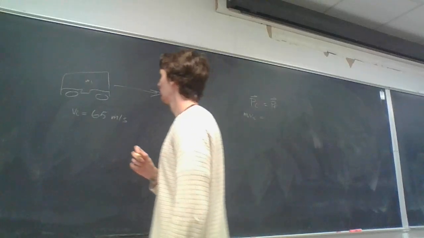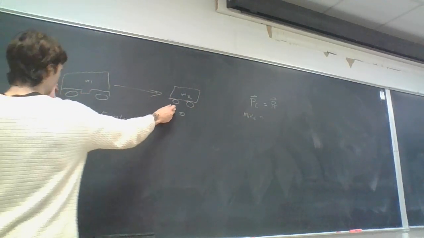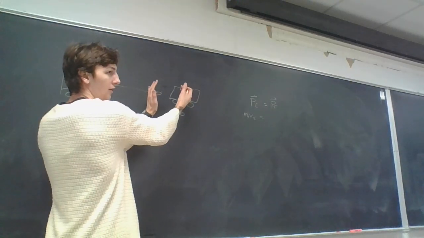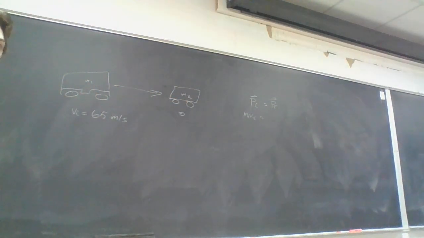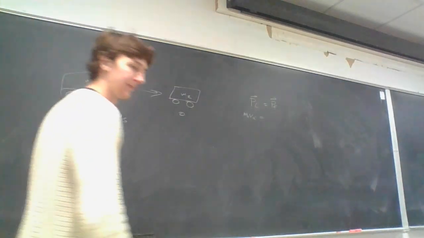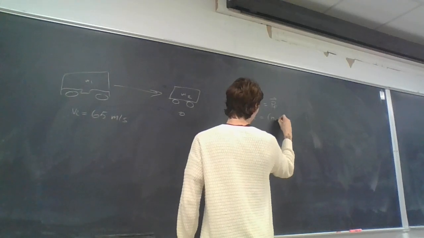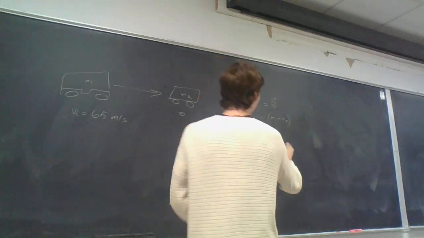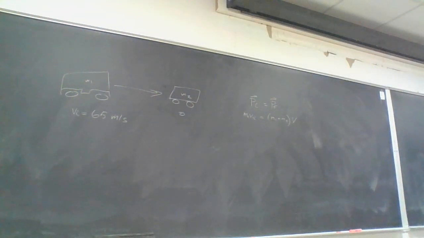And so what do you guys think that's going to be equal to? Let's say this car's at rest. He's going to smash into it. It's going to be a completely inelastic collision, meaning they're going to stick together and move together. So what would the final momentum be then? It would be M1 plus M2 times V. We're going to call the velocity when they move together just big V, because it's a total velocity.